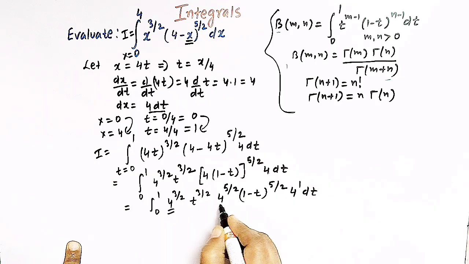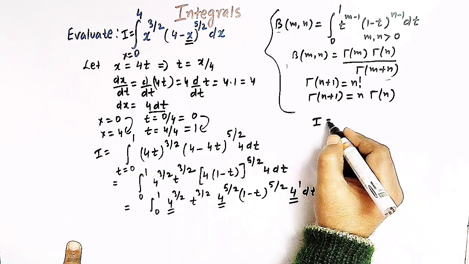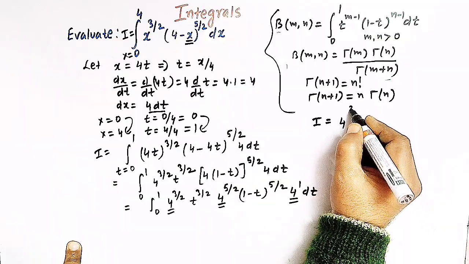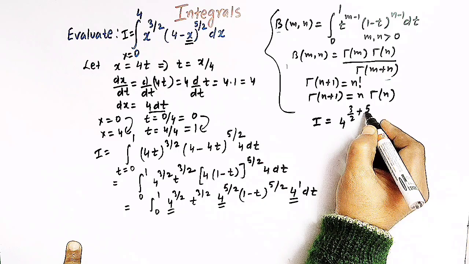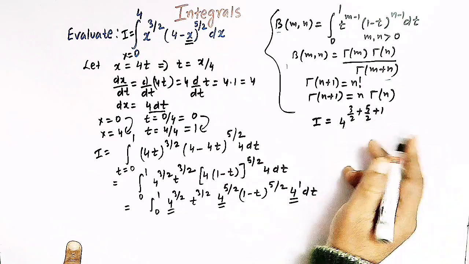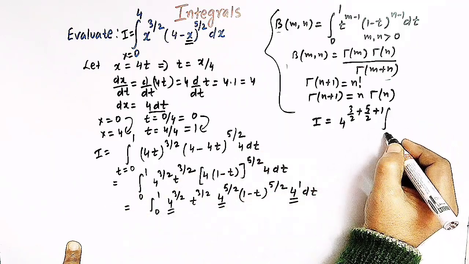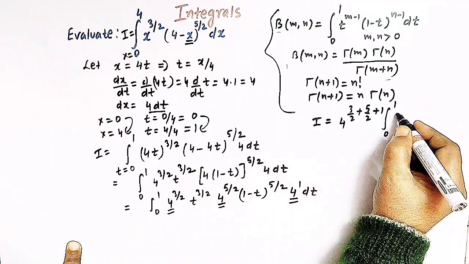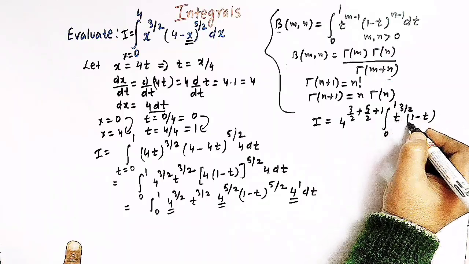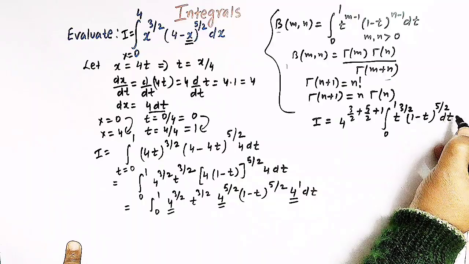So now let us first collect these 4's. We have I is equal to 4 raised to (3 by 2 plus 5 by 2 plus 1), taking this term outside the integral, and then we have the integral from 0 to 1 of t raised to 3 by 2 times (1 minus t) raised to 5 over 2 dt.